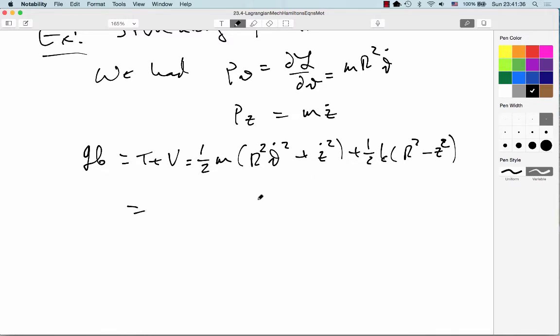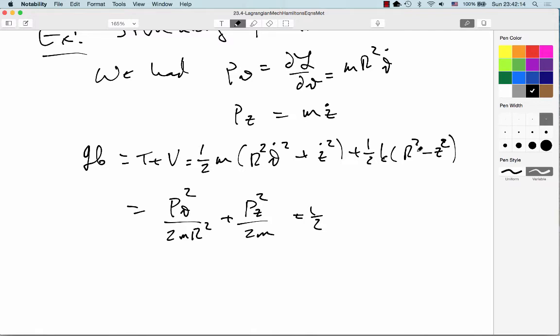So I look at this and I go, all right, p_theta is m r squared theta dot, right? So if I do p_theta squared, that'll give me a theta dot squared. So I can rewrite that as p_theta squared over 2 m r squared plus, now this one here, this is m z dot, so p_z squared over 2m plus 1/2, and here I'm just shifting my potential.